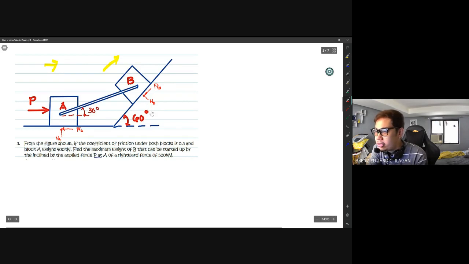The resultant always acts with respect to the normal force, so the angle of friction is measured from the normal force, between the two, going in this direction. This is the resultant RA for the normal and frictional force, and this is our RB.